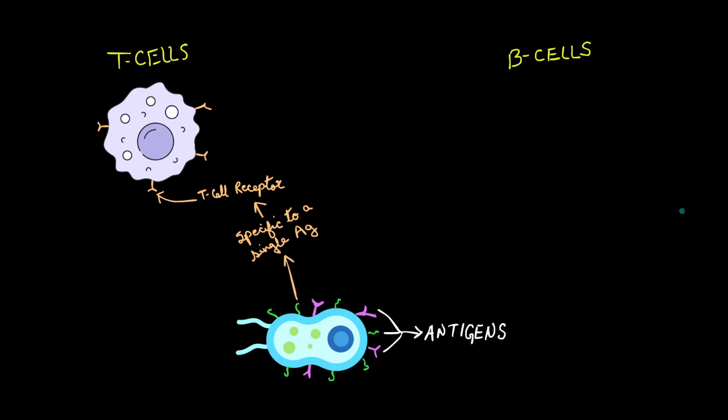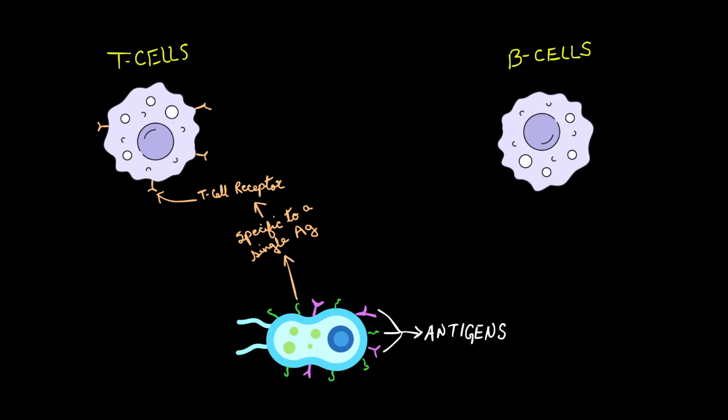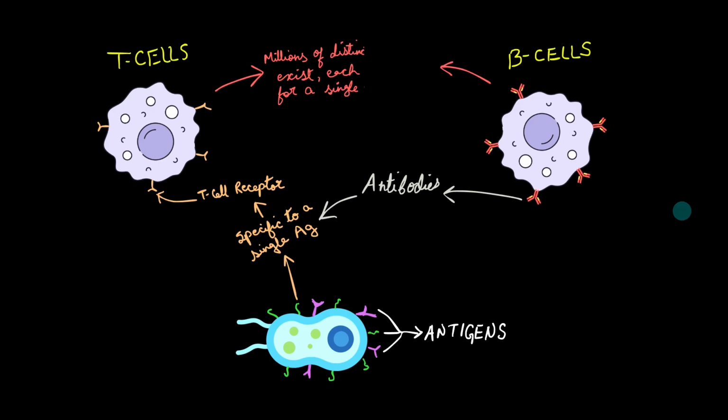Similarly, every B cell has a unique membrane bound antibody which is also specific to a single antigen. In fact, there are millions of distinct B and T cells, each pre-programmed to recognize only one particular antigen. This enormous diversity allows the immune system to respond to virtually any pathogen the body may encounter.